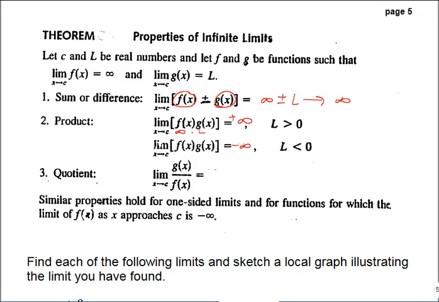And then finally, a quotient. If the limit of your numerator g is going to that constant L and the limit of your denominator f is going to infinity, what happens to something that's a constant over something really, really big? So think about that for a moment.